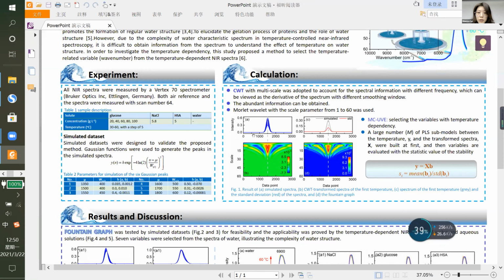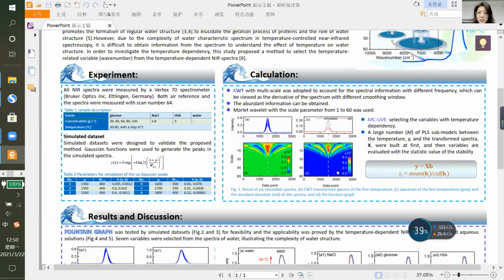And then we used the MCUVE method to select the variables with temperature dependency. This is a method to build a model between the temperature and the spectrum, just like PLS.